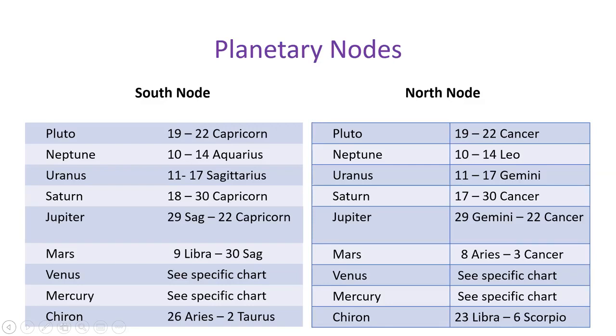And again, we might think that we can kind of reduce that if we've got 3 planets, Jupiter, Saturn, and Pluto, that are all in the same signs, north and south nodes, and they're just 2 other sign axes. Neptune, south node Aquarius, north node in Leo, and Uranus, south node in Sagittarius, north node in Gemini.